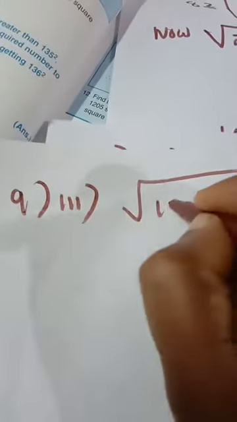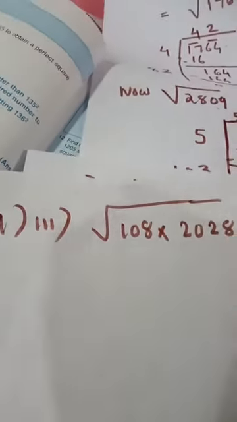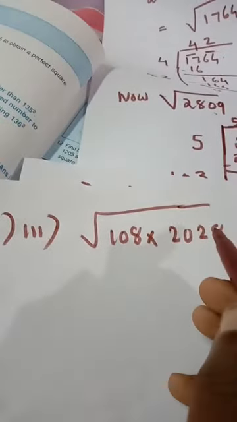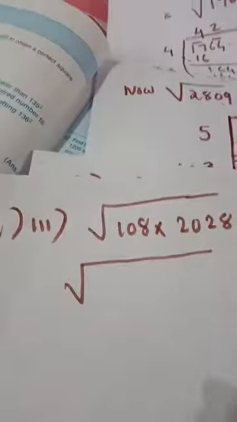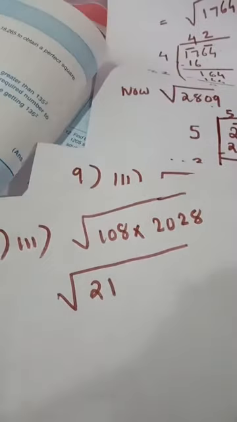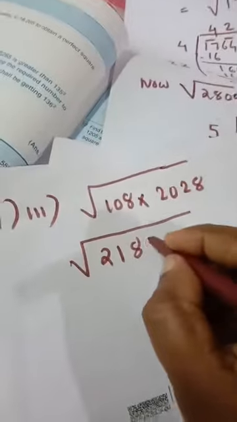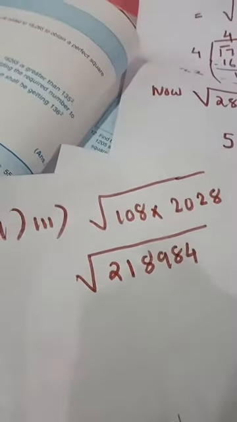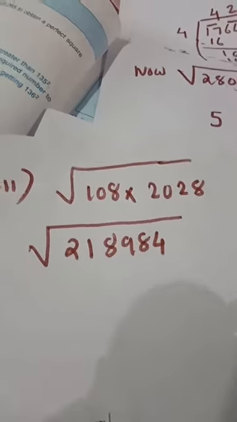Root of 108 into 2028. Here first you have to multiply 108 into 2028. So 108 into 2028 is equal to 2,18,984.